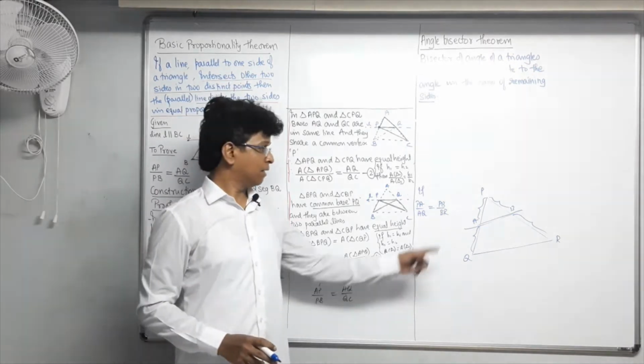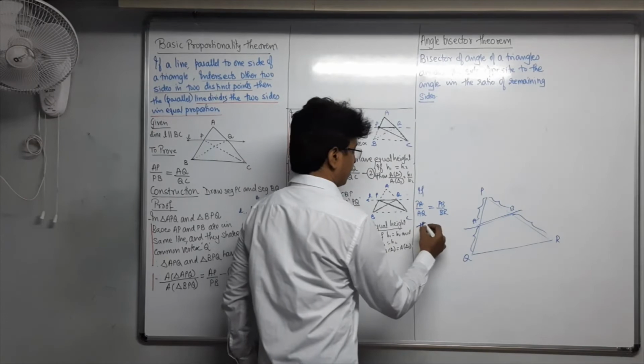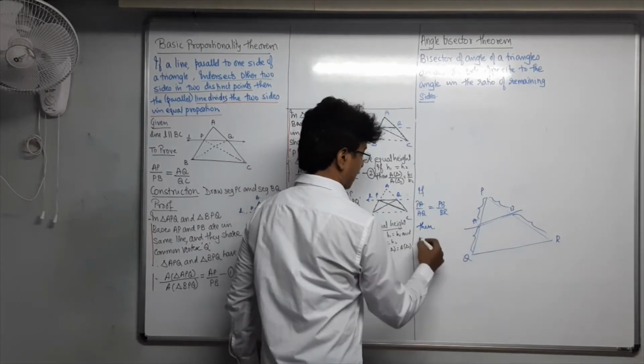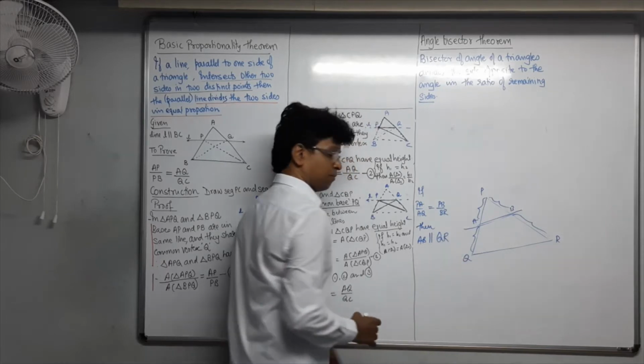I prove that this upon this is equal to this upon this. Then what happens? Then I can say that AB is parallel to QR.